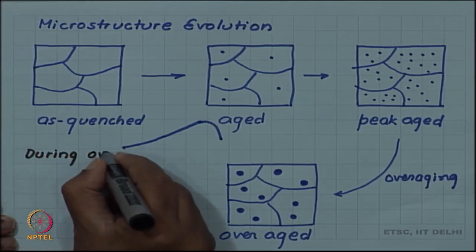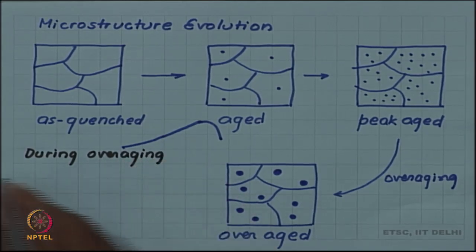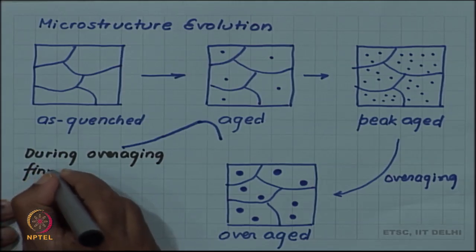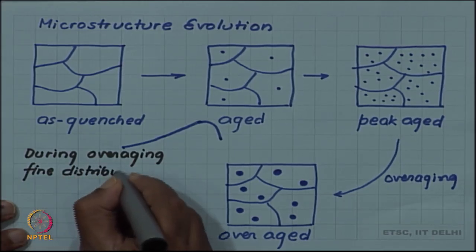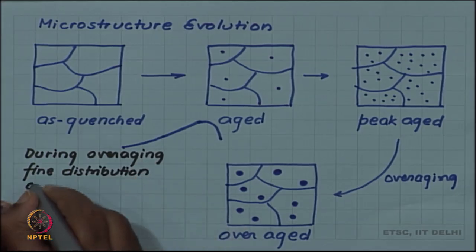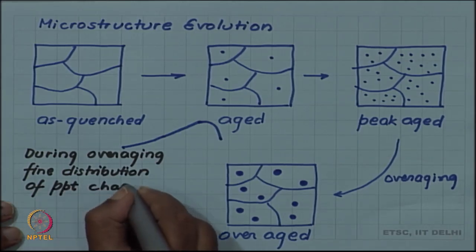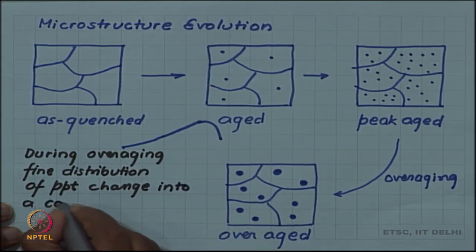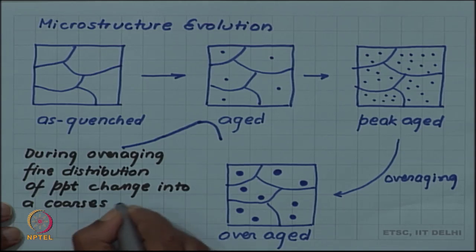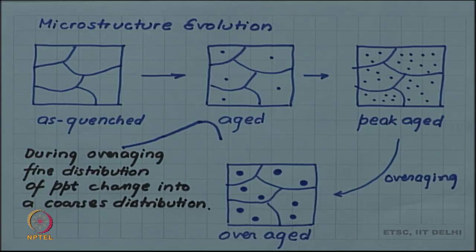During overaging, fine distribution of precipitates change into coarser distribution. What is the driving force for such a change?